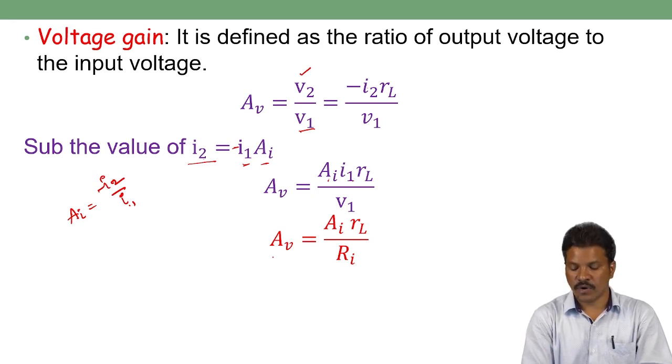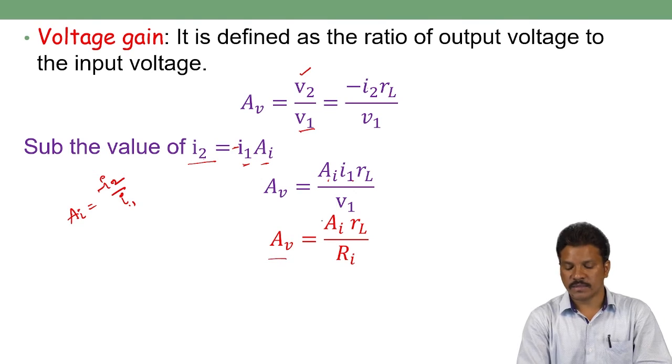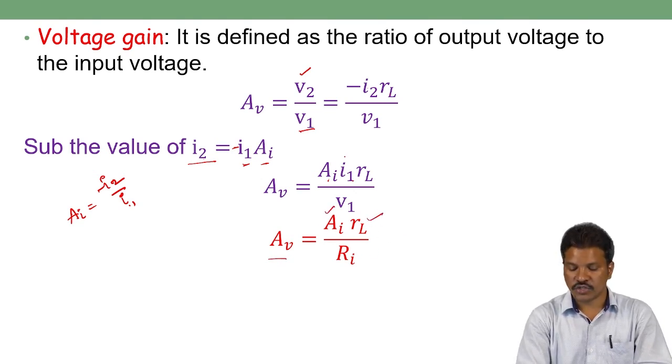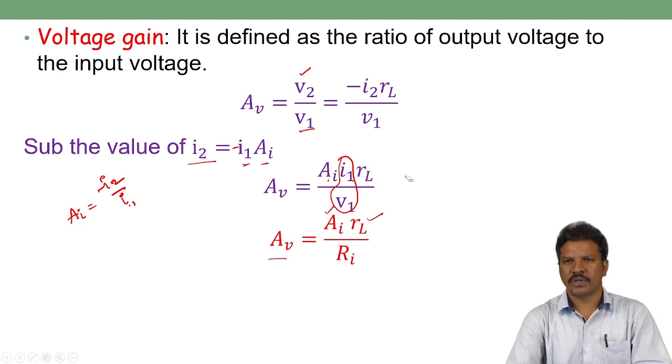So here the voltage gain formula is in terms of current gain, RL, and the ratio of I1 by V1. V1 by I1 is nothing but Ri, and I1 by V1 is nothing but 1 by Ri. So it is very simple. It is linked with the previous parameters.